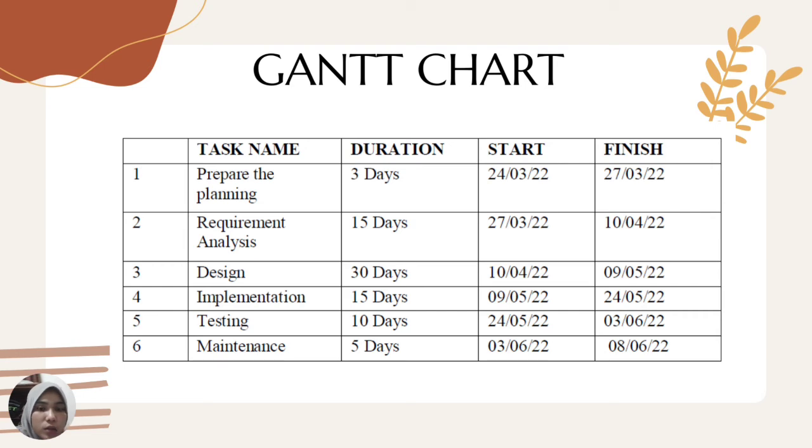Start date is 27 March 2022 and finish date is 10 April 2022. Number 3, task name design. Duration 30 days. The start date is 10 April 2022 and finish date is 9 May 2022.